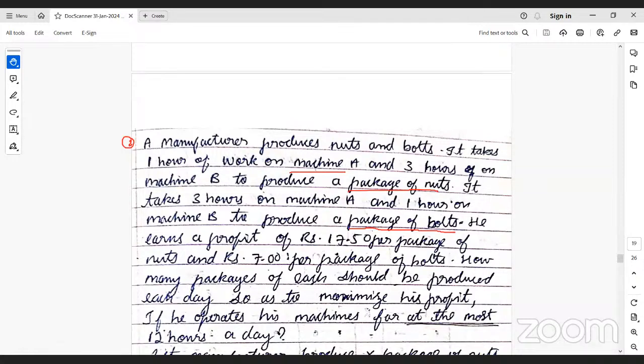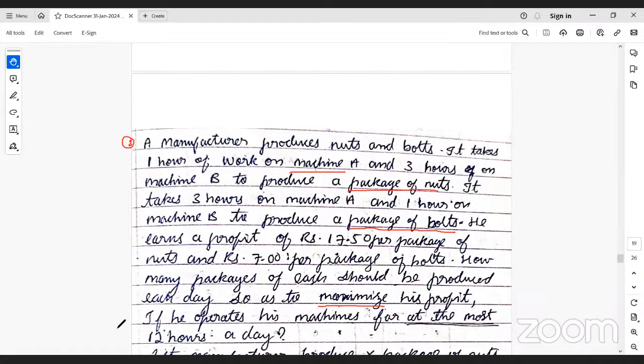Now see further, how many packages of each should be produced each day so as to maximize its profit. So our function must be a profit function. It must be designed in terms of profit, and we need to find the maximum profit.